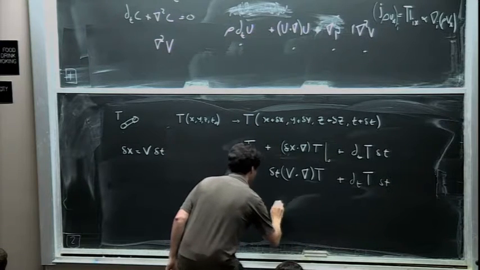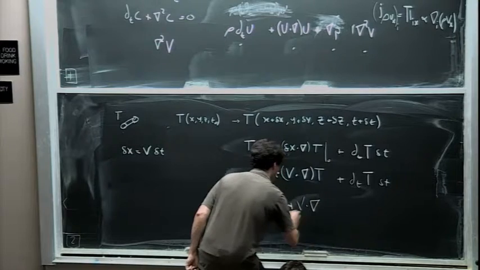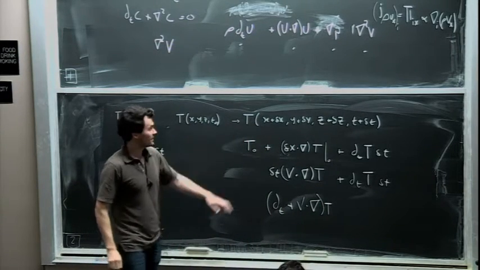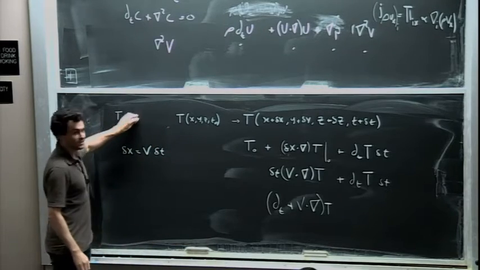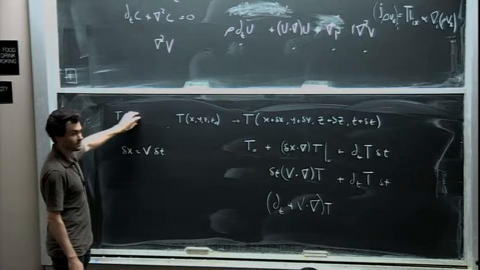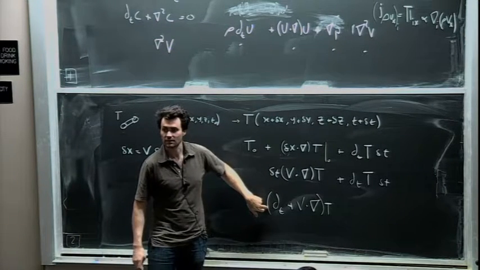And you'll recognize immediately the term that we have is dt plus v dot grad of T. That's saying that if there's any kind of quantity inside my little blob which I'm following, then the way in which this quantity changes as I follow the blob is by this derivative over here.